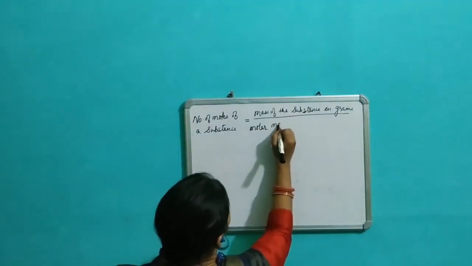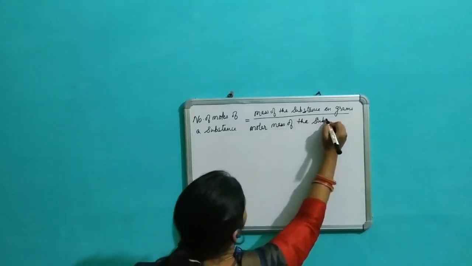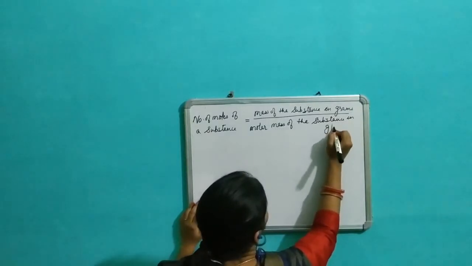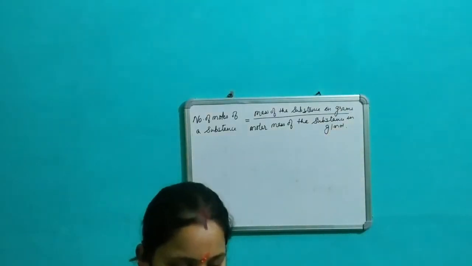Molar mass of the substance in grams per mole. Alright, so this is how we can find it.